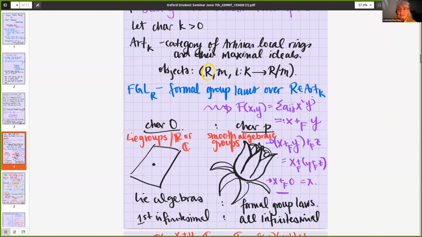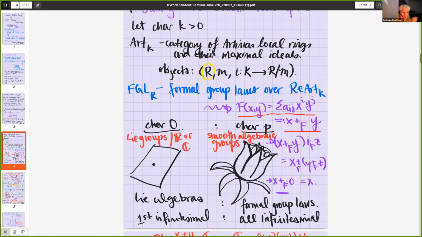Great. So let's define what a formal group law is, now that we have this vibe that it's supposed to be the analog of a Lie group in characteristic p. What does that actually mean in a way that we can work with? It means that if we have a power series in two variables, we can ask for that power series to have groupy properties.